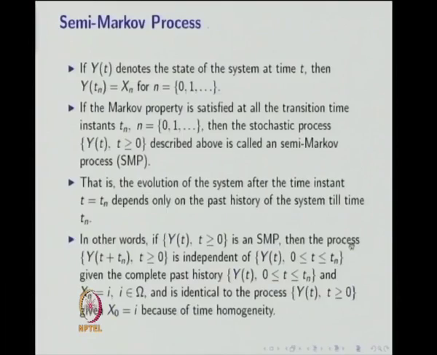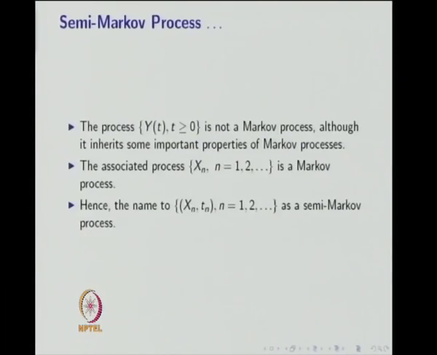The stochastic process Y of t is not a Markov process, although it inherits some important properties of Markov processes. The associated process, that is Xn, is a Markov process. Hence, the name Xn, Tn as a semi-Markov process.